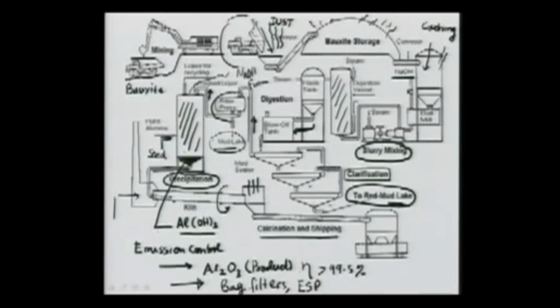Whenever we were making the aluminum hydroxide here, the NaOH was recovered, and that recovered NaOH is recycled back to the NaOH as you see here. So this is in brief the alumina production process.